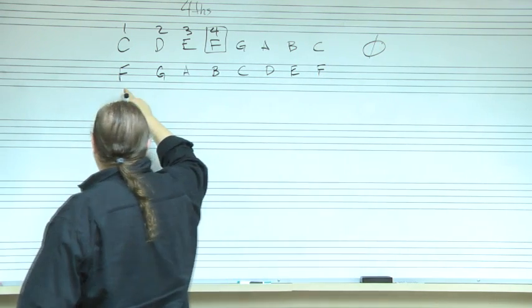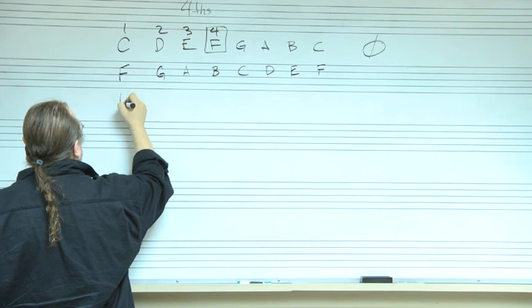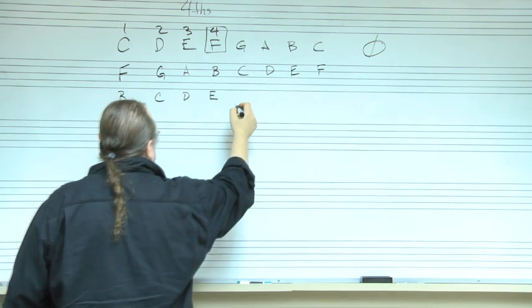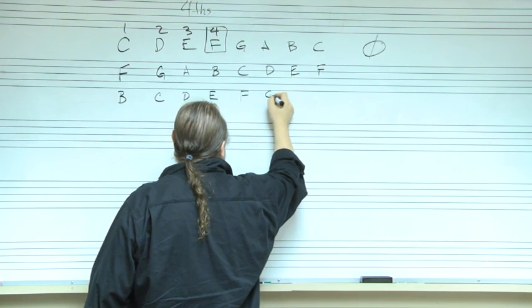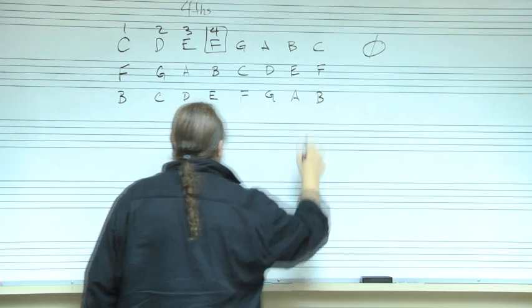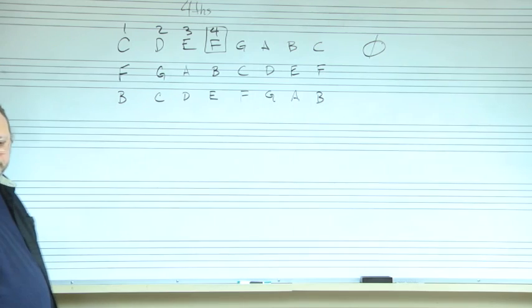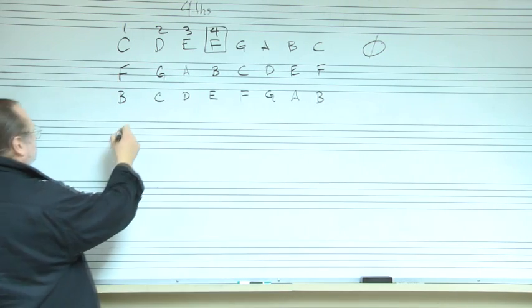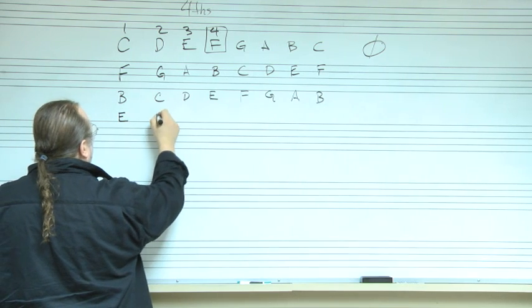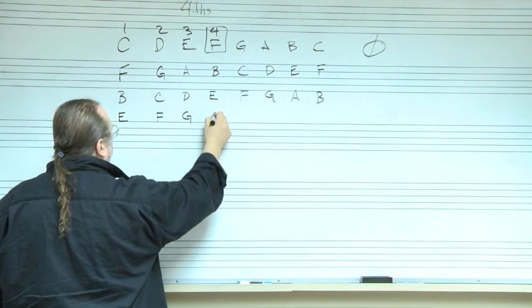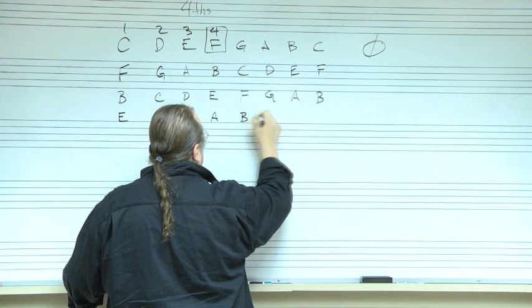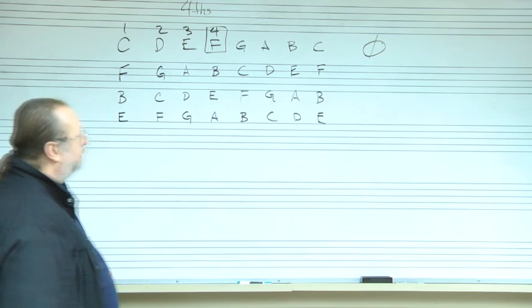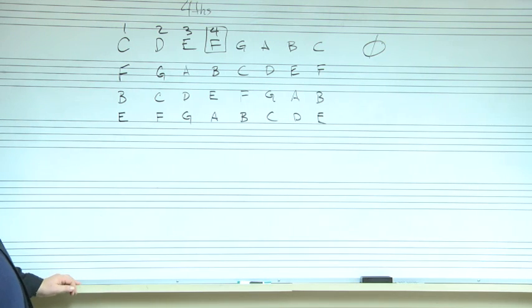What's the next key? 1, 2, 3, 4. B, right? So what's the next key? G, A, B. 1, 2, 3, E. E, right. E, F, G, A, B, C, D, E. And after E, A?